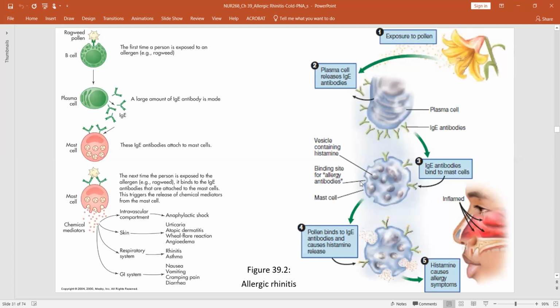That's when histamine and other chemical mediators are released into the bloodstream and cause all these symptoms, like effects in the intravascular compartment that can result in anaphylactic shock, bronchoconstriction, skin itching, and other changes in the lungs and the GI tract.